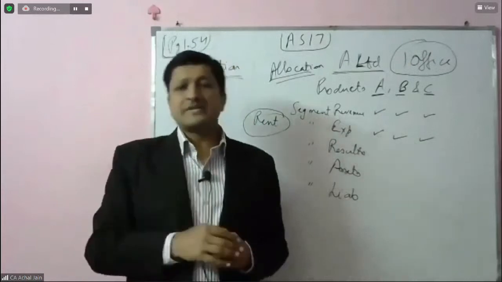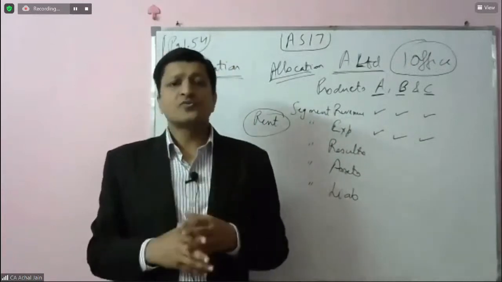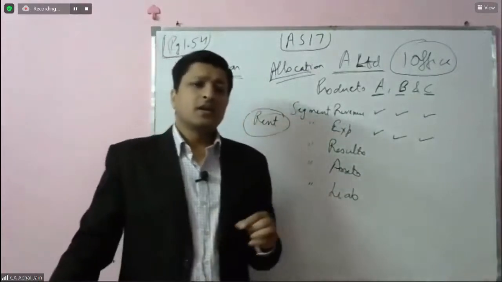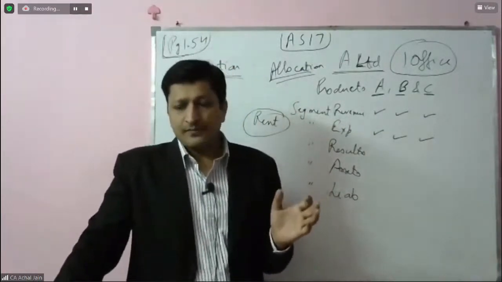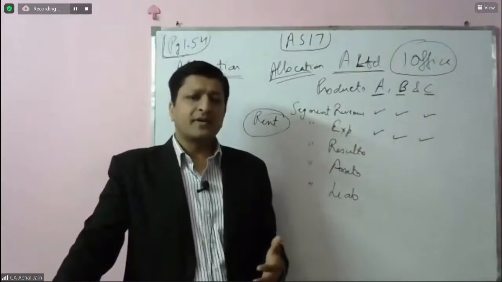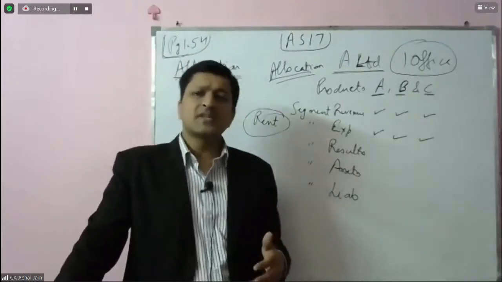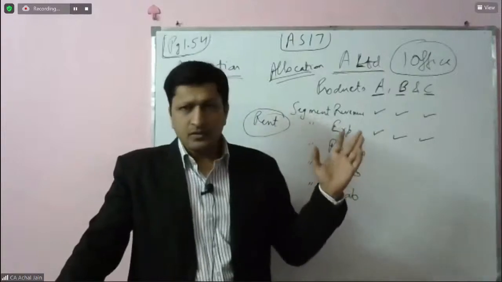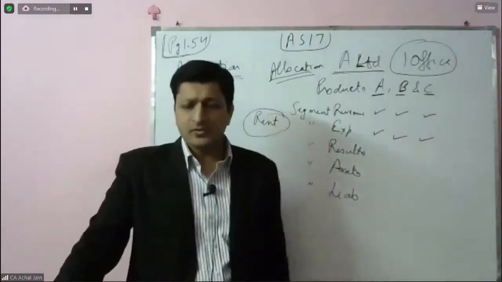All of these bases which are used for allocation should be by the best assessment of the management. We are not saying this can be arbitrary, without any basis, done on an ad hoc basis by the management. No, management will definitely have some basis for it.